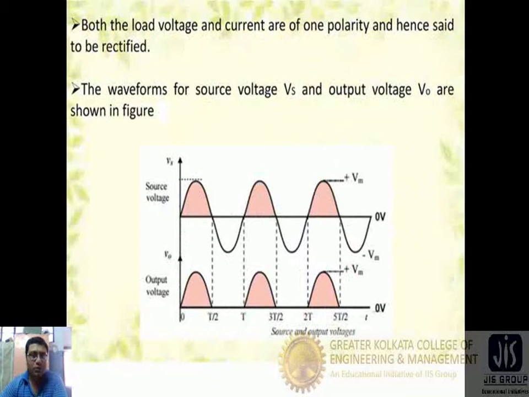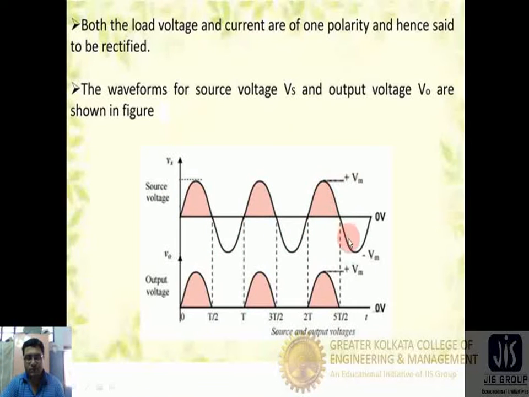Both the load voltage and current are of one polarity and hence said to be rectified. The waveforms of source voltage Vs and the output voltage Vo are shown in the figure. Here we can see multiple peaks of the input signal.